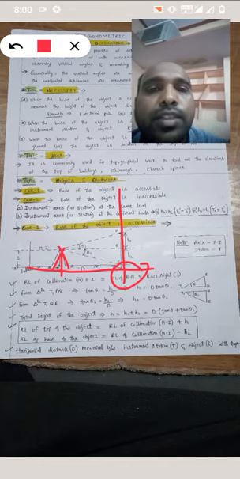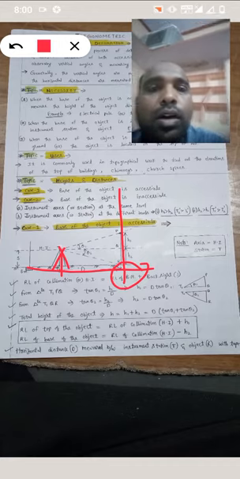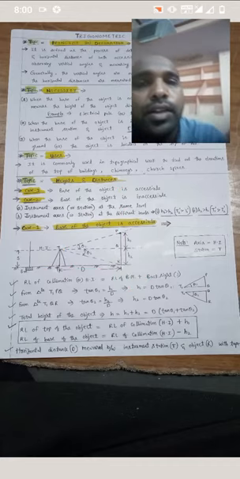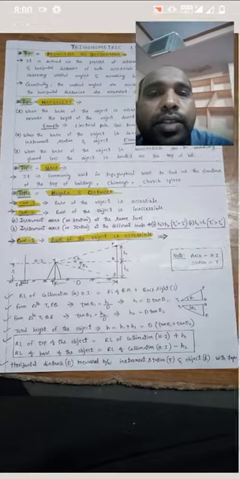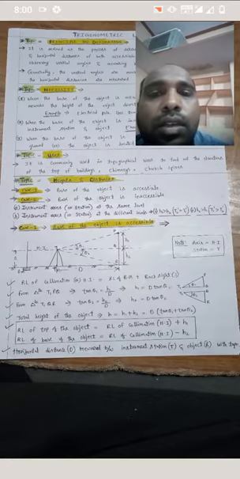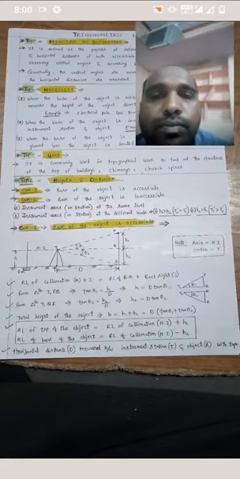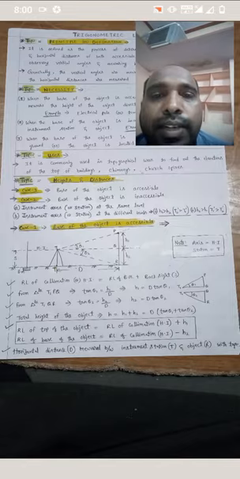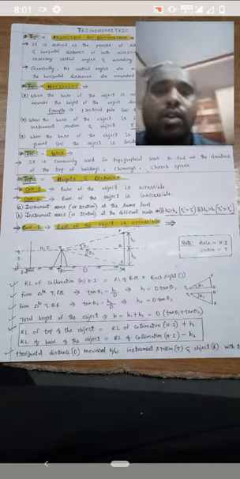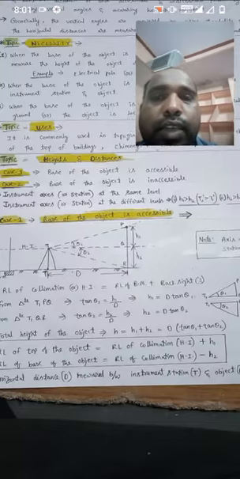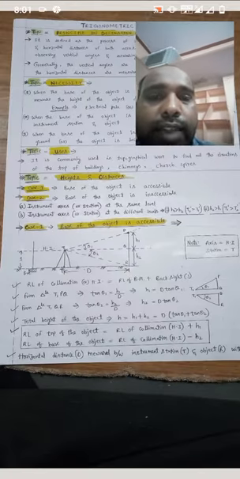Next case: the base of the object is inaccessible, due to a pond or river, as already seen in the above point. See here, case 1: the base of the object is accessible.